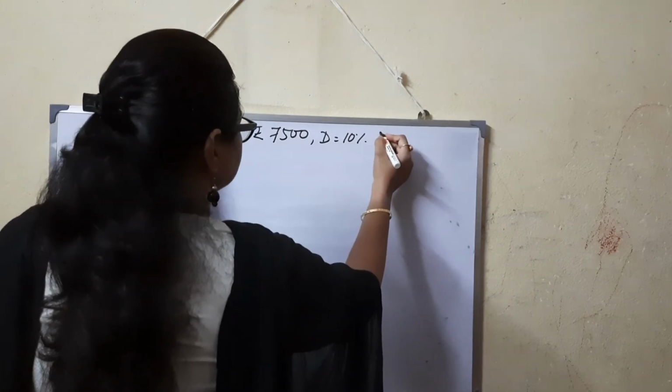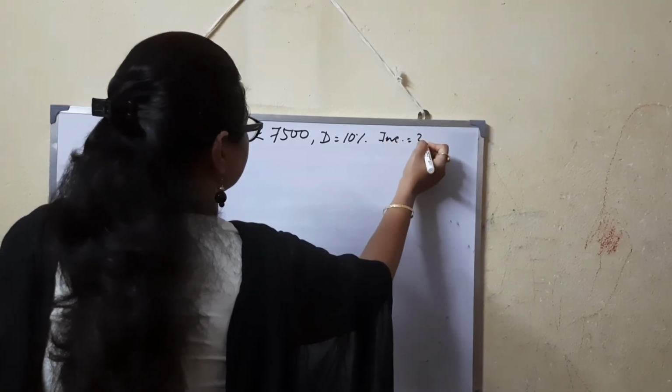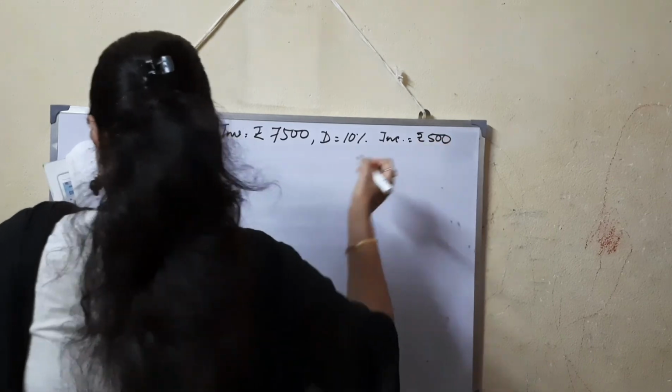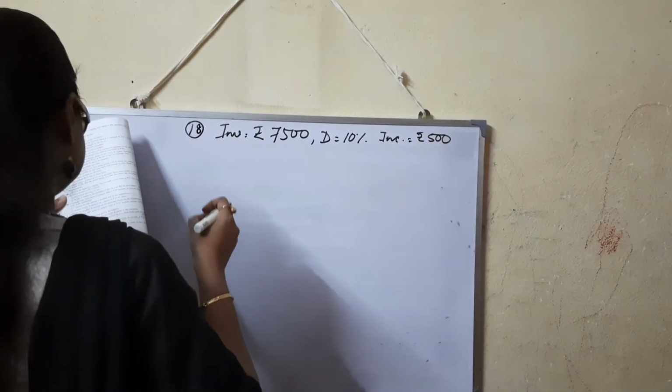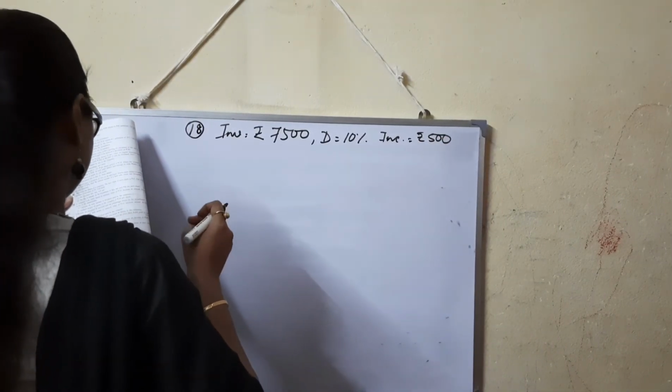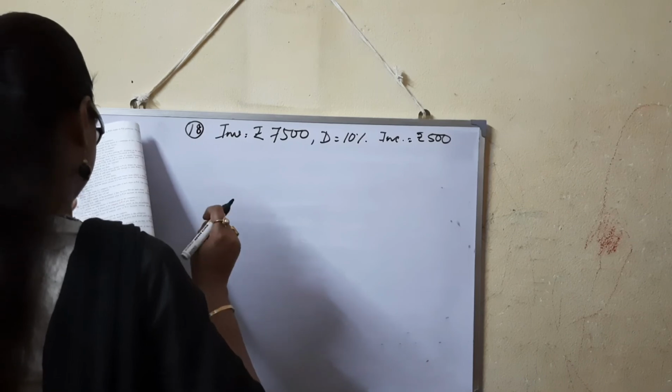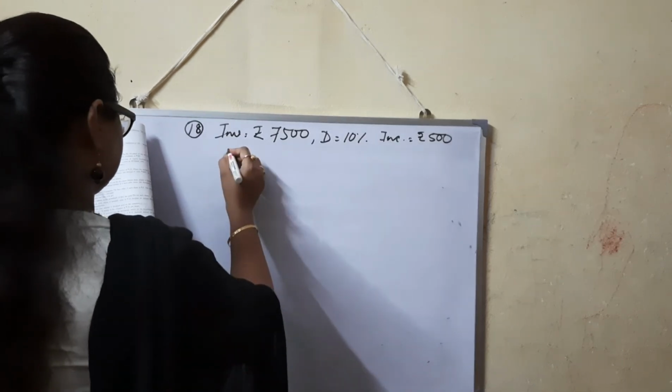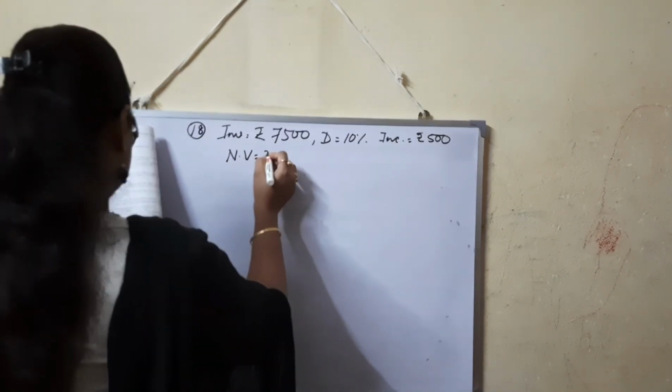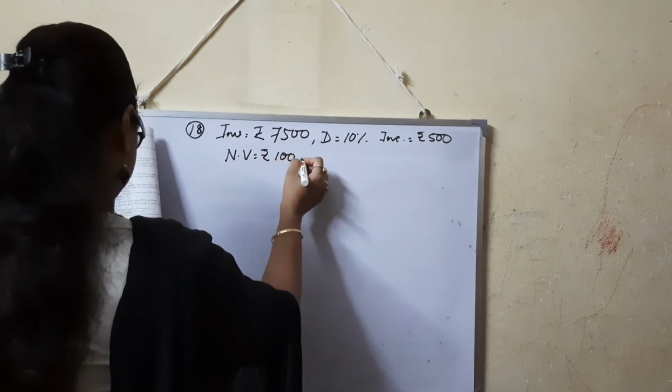Okay. So income is rupees 500. What price is paid for each rupees 100 share? Alright. Nominal value is rupees 100.